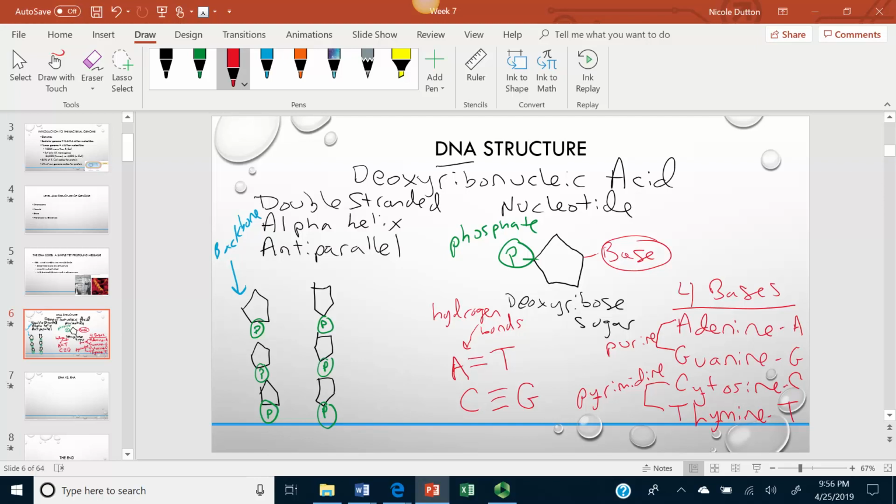And in the center is where we're going to have our bases. So if we have a T on this side, we have an A on this side, and it's held together by two hydrogen bonds. If we have a G on this side, we have to have a C on this side, and that's held together by three hydrogen bonds. And if we have an A on this side, we will have to have a T on this side, which is held together by two hydrogen bonds.